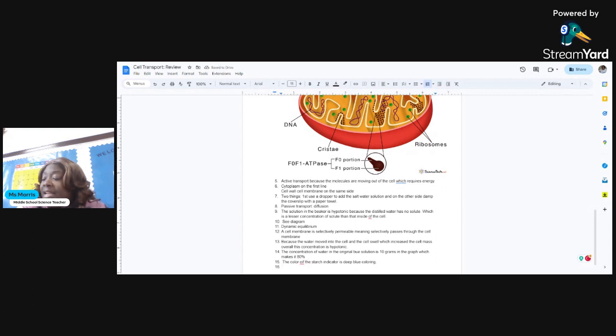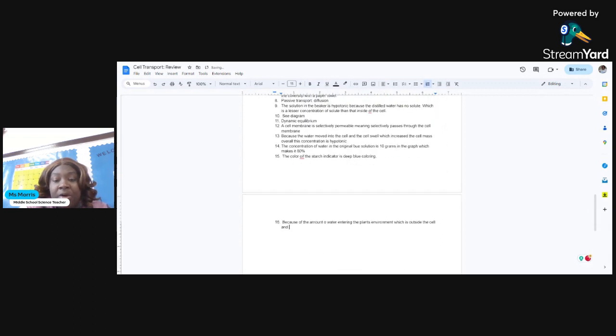Why does a plant like celery get limp when placed in a hypertonic solution? That will be because of the amount of water entering the plant's environment, which is outside the cell, and not entering the celery plant, period.